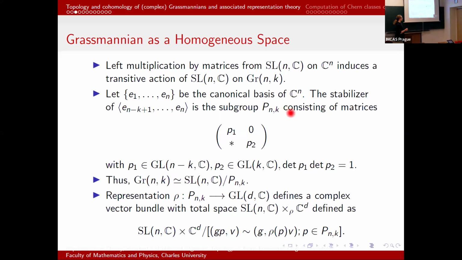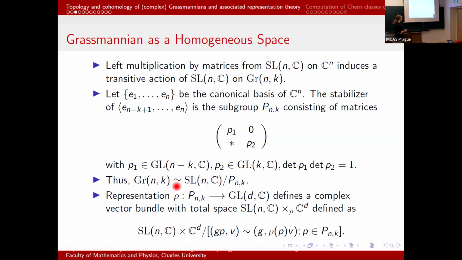It's a subgroup of SLn consisting of matrices of this form, where P1 is an invertible (n minus k) times (n minus k) matrix, P2 is an invertible k times k matrix, and the star entry is an arbitrary k times (n minus k) matrix. And of course, the product of the determinants of the two diagonal blocks must be 1.